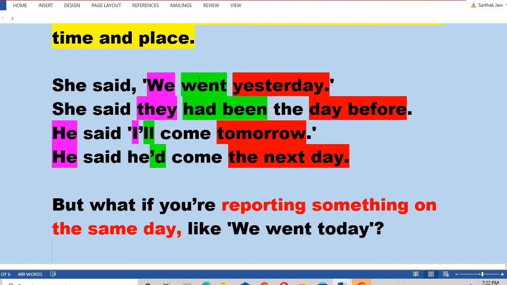Now this pronoun, we, pronoun of the first person, will change according to the subject, they. Now went into had been. Now this is the adverb of time, yesterday, will convert into the day before. This you have to memorize. Okay, some points you have to memorize.